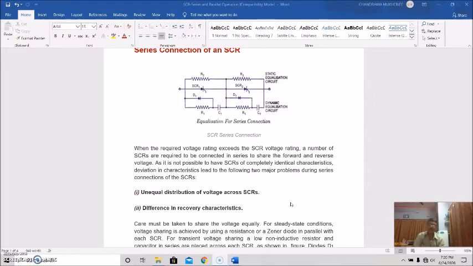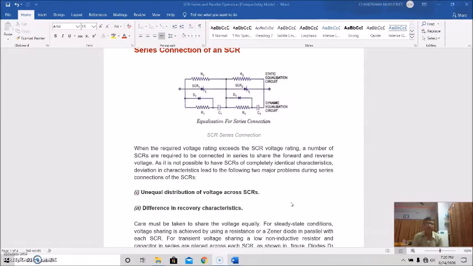First of all, keep in mind that if the required voltage rating is not allowed by a single SCR, then a number of SCRs are connected in series to meet the required voltage rating and share the forward and reverse voltage.